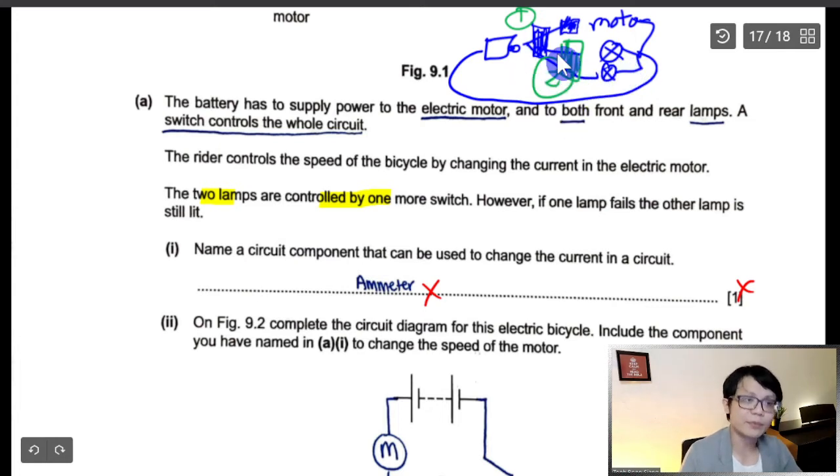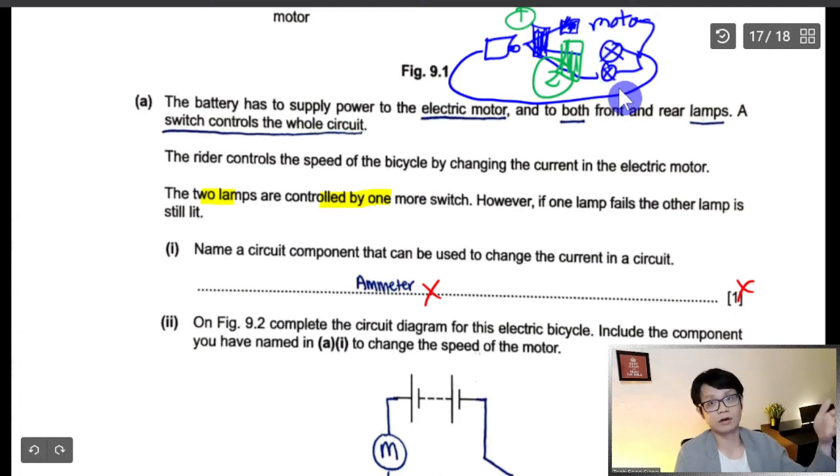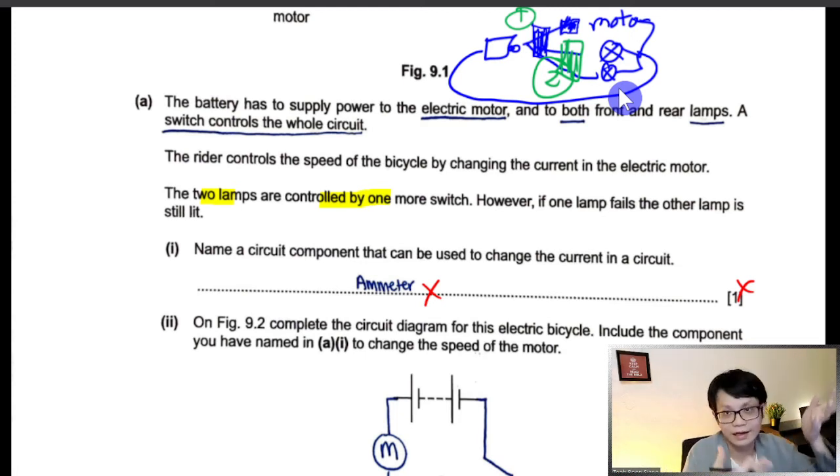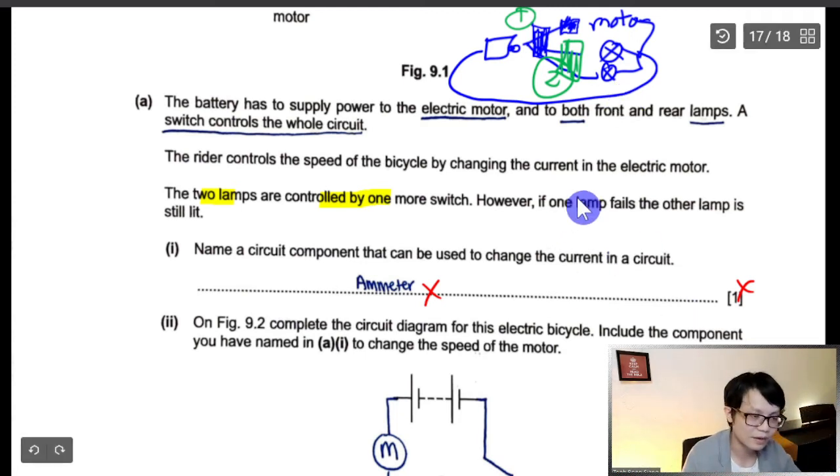The reason they put this switch, we can imagine that probably during the day you just need the bicycle to move, and you only use the lamp during the night, and it's up to you. Here it put the main switch for the motor and the light bulb. I thought one switch for the motor, one switch for the light bulb, but up to the person, it still works, but it depends on the question.